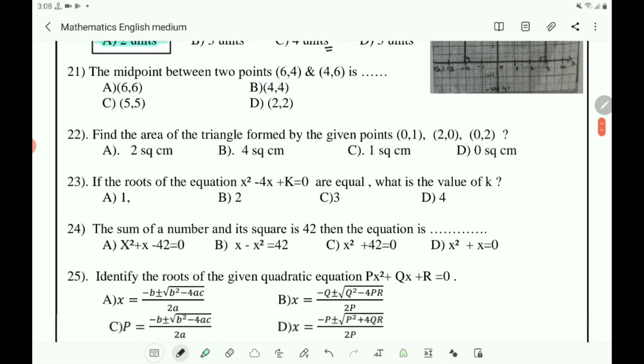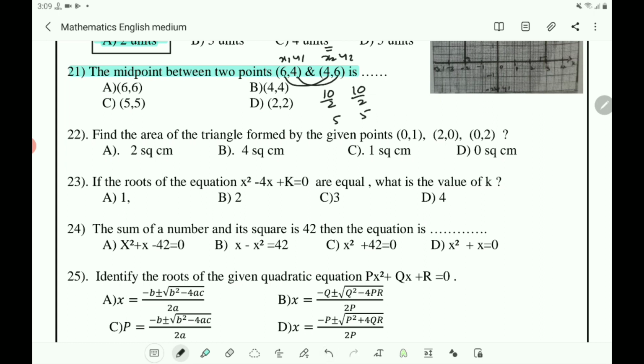Next you take question number 21. The midpoint between 2 points 6, 4 and 4, 6 is. Again here you know the midpoint formula. If you consider these are x1 y1, x2 y2, then x1 plus x2 by 2, that is 6 plus 4, 10, 10 by 2, and y1 plus y2 by 2, 4 plus 6, again it is 10, 10 by 2.